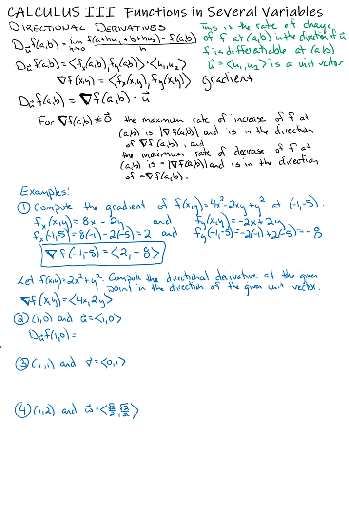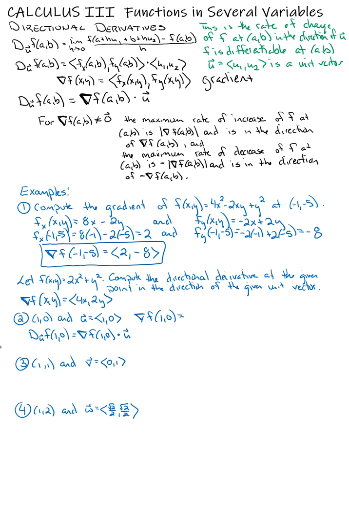Remember, this is going to be the gradient of f evaluated at 1, 0 dotted with u. So that means we're going to need to figure out the gradient of f. Well, actually we've already got the gradient, evaluated at 1, 0.